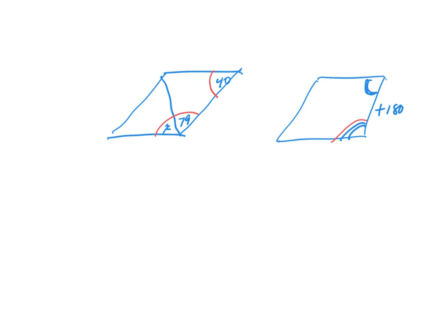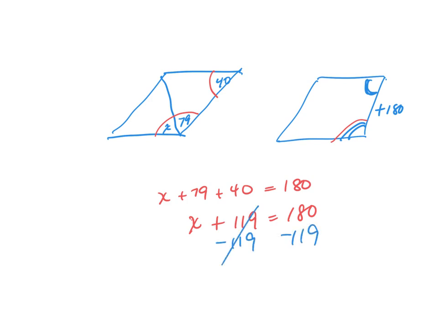So what you're going to put in your equation is x plus 79 plus 40 equals 180. So if you want to do it the algebra way, it would be x plus 119 equals 180. And then we're going to subtract 119 from both sides. And x equals 61.